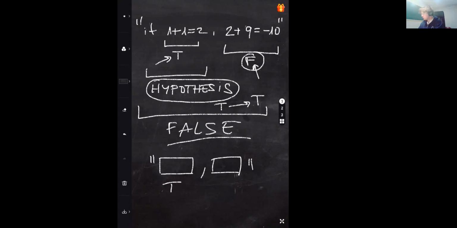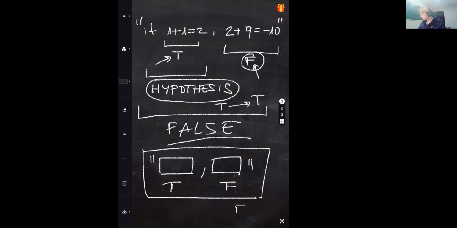If this is true, this must be true, and then the whole thing is true. If on the contrary, this is true and you see that this is false, the whole thing will be false. Okay? So true implies true. False implies false. And false implies true, which is the thing which was confusing you.